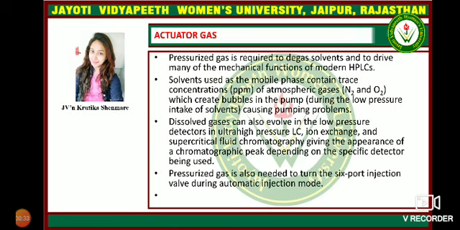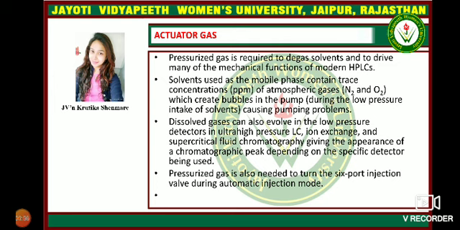The actuator gas. The pressurized gas is required to degas solvents and to drive many of the mechanical functions of modern HPLCs. Solvent used as the mobile phase contains trace concentrations, that is in parts per million, of atmospheric gases, that is N2 and O2, which create bubbles in the pump during the low pressure intake of solvents, causing pumping problems.